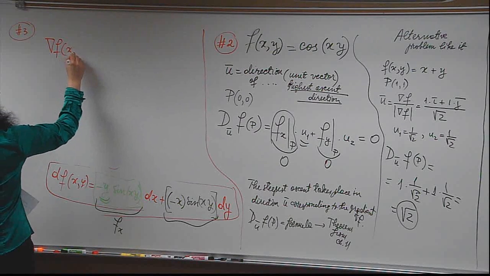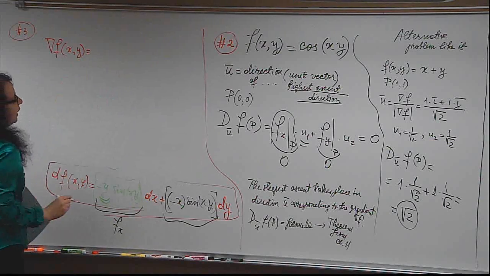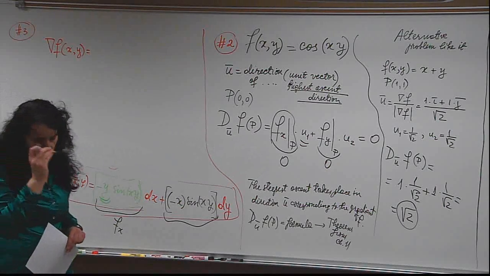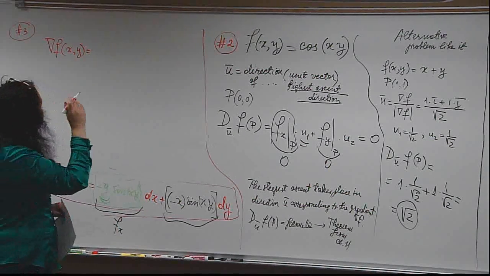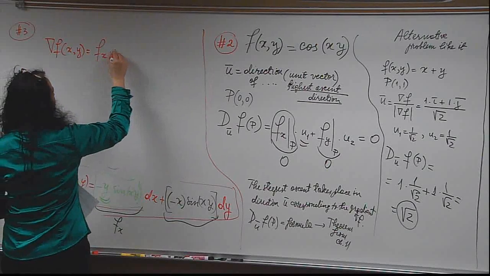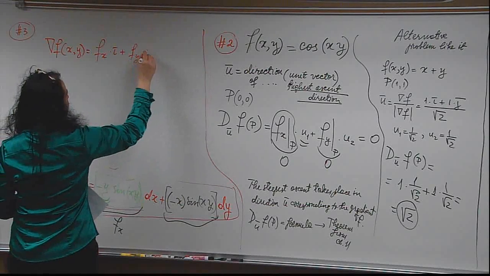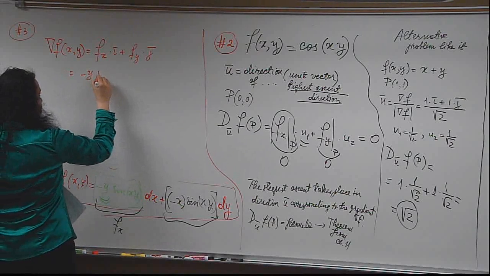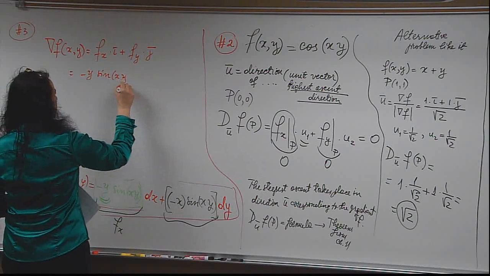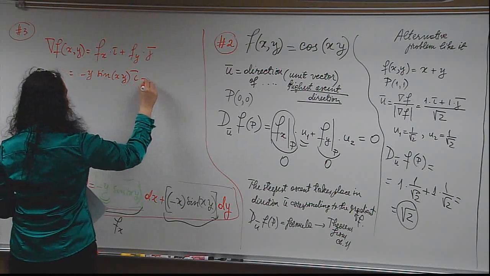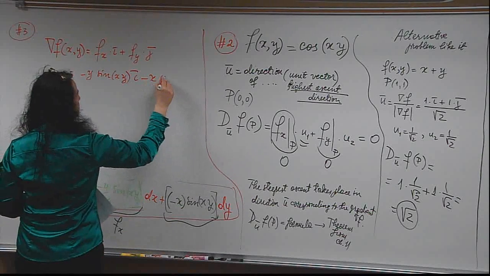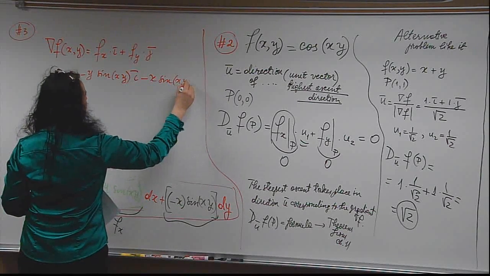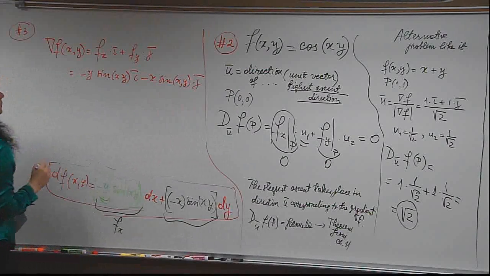What are you supposed to write? You have 2 alternatives here. Either you write f sub x i plus f sub y j equals minus y sine xy i minus x sine xy j, or this is up to you.